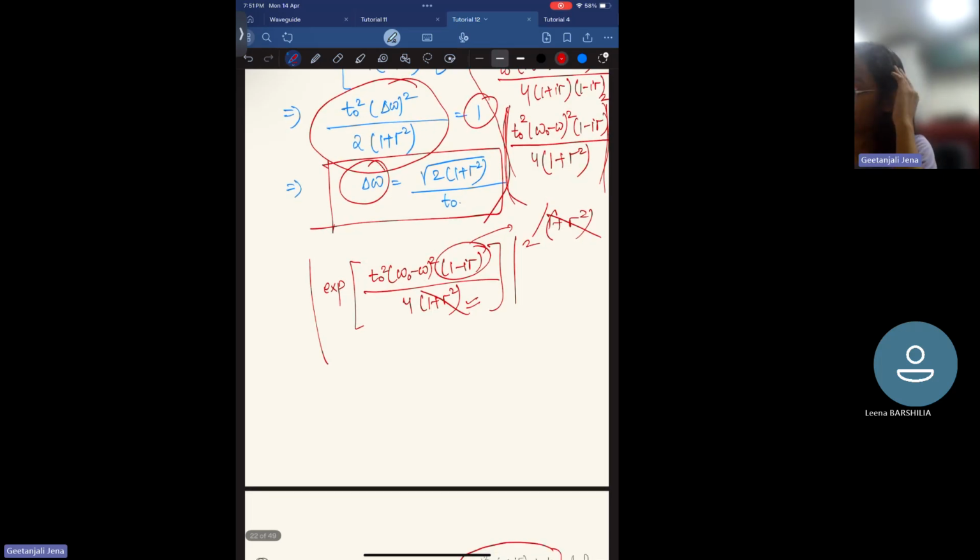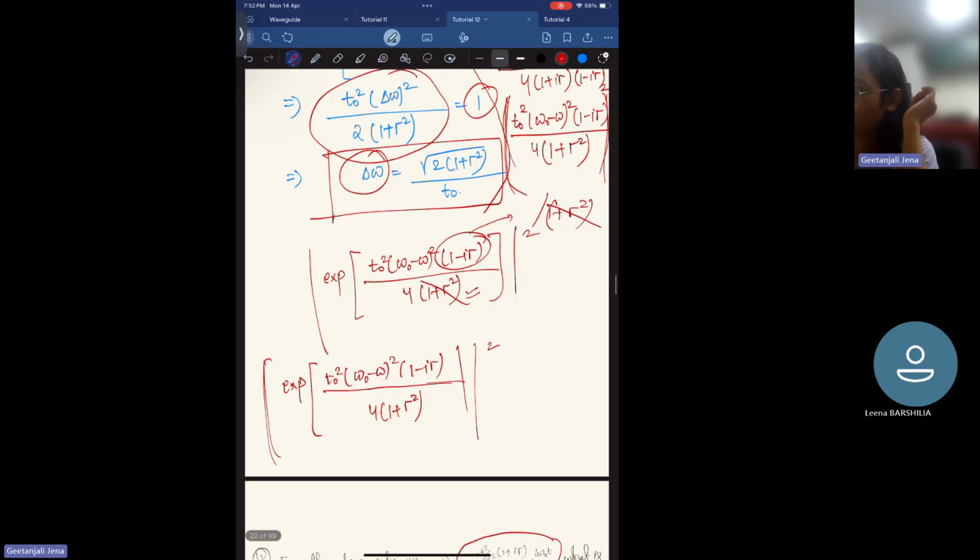But the proper way is, we have t0 square, omega 0 minus omega square, 1 minus gamma. So it's better to separate the real part and the imaginary part. So we have this, right? We need to take this mod square.